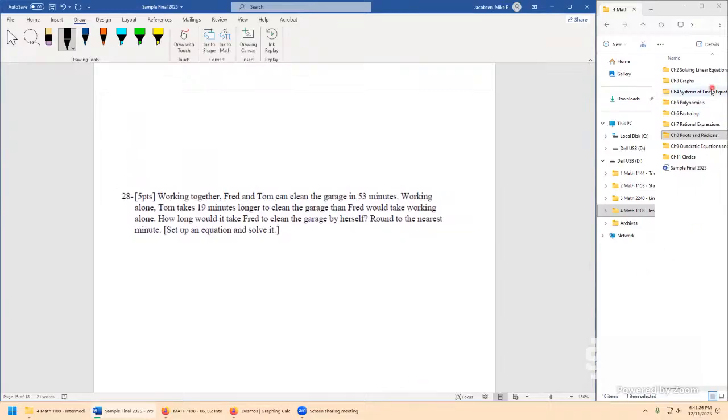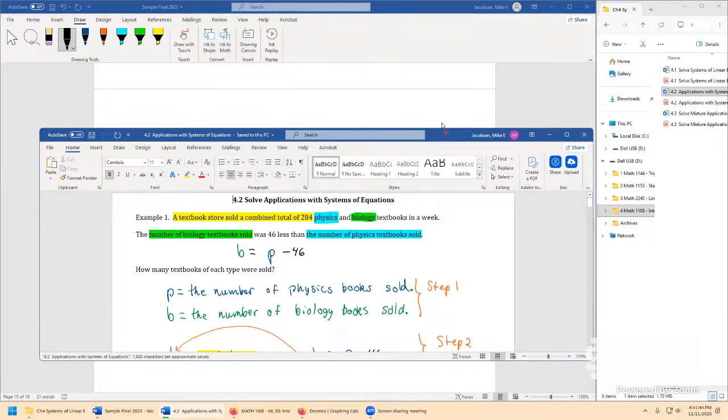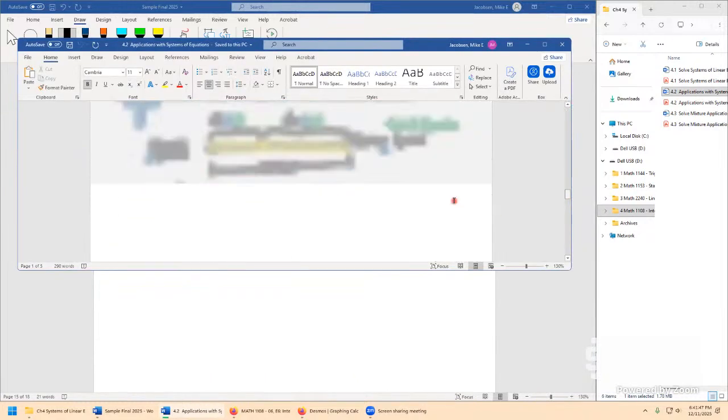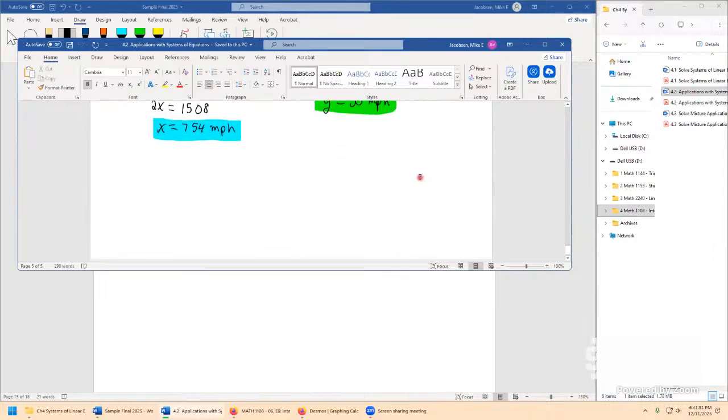So let's go back to the notes from when this came up. This came up all the way back in, let's see, Applications with Systems of Linear Equations, section 4.2. And then it came back up again in chapter 7 when we were looking into rational equations. What we need is a good formula to kind of organize our thoughts to see how to put something like this together.